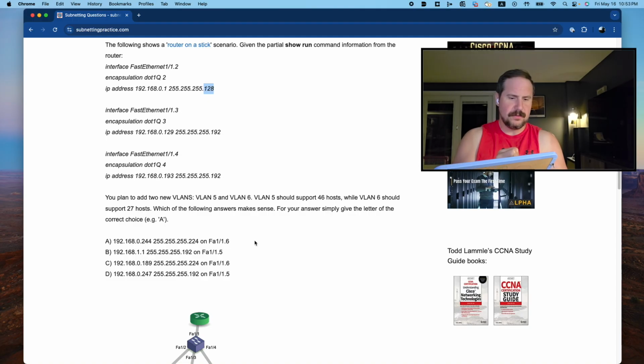All right, so they want VLAN 6 to support 27 hosts. Now, with a subnet mask of 224, it has a block size of 32. So you have to subtract 2. That is doable, okay?